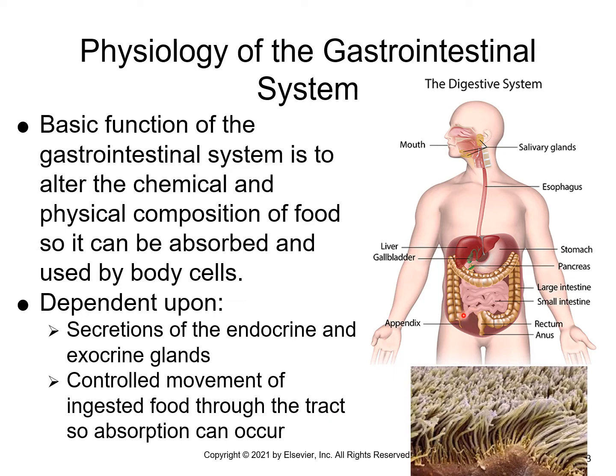The sphincter that it goes through to enter the large intestine is called the ileocecal valve, and that valve allows the small intestine food to move into the large intestine. Here it travels up the ascending colon, across the transverse colon, down the descending colon, into the sigmoid colon, and then out into the rectum, and finally the anus.